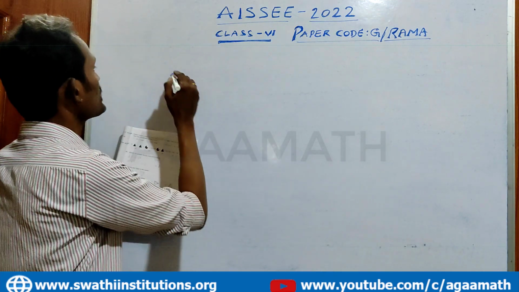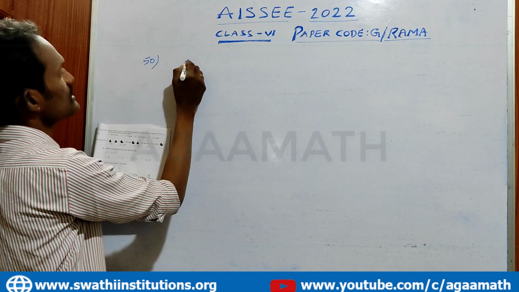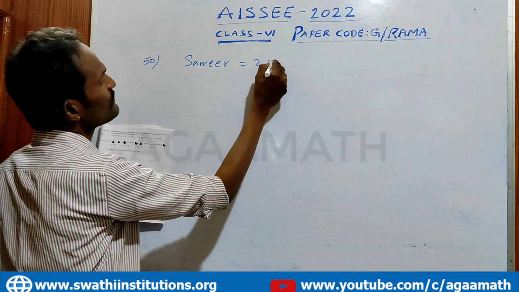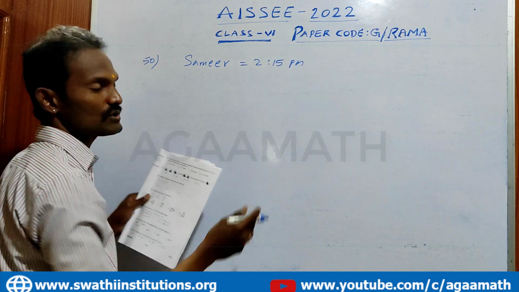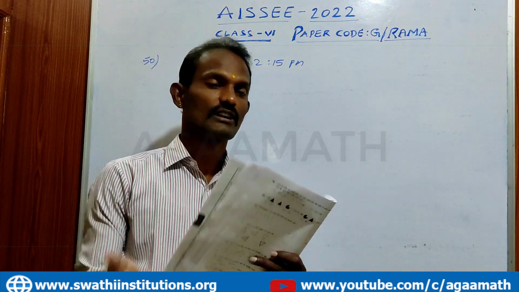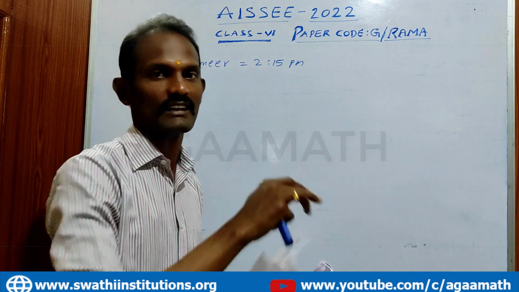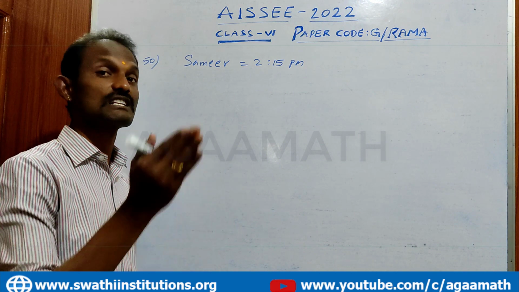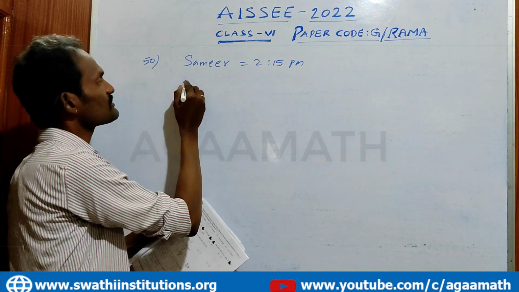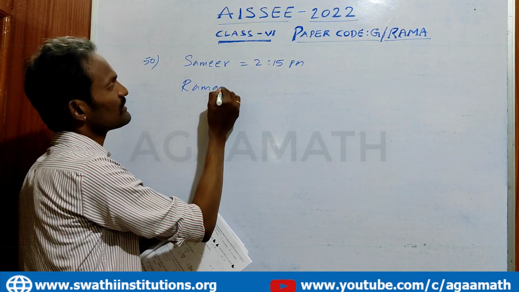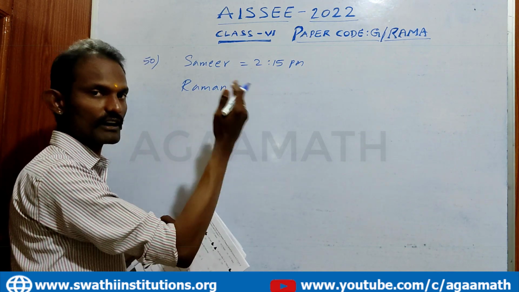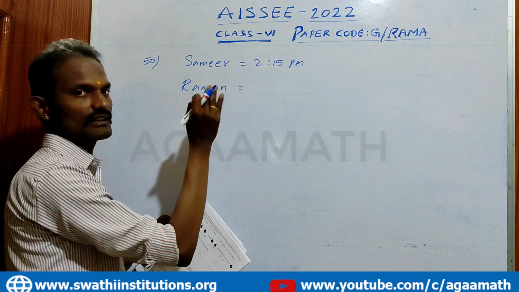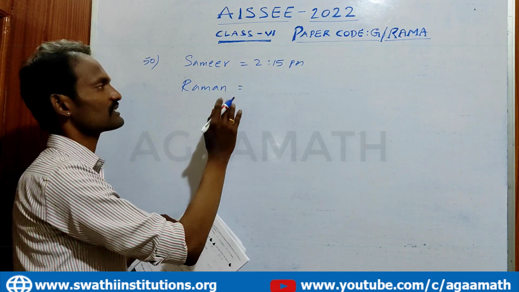Question number 50. Samir started at 2:15 p.m. Raman started his journey 4 hours before, so you have to come back 4 hours. If it is 2:15, come back 4 hours. 1:15 is 1 hour, 12:15 is 2 hours, 11:15 is 3 hours, 10:15 is 4 hours.